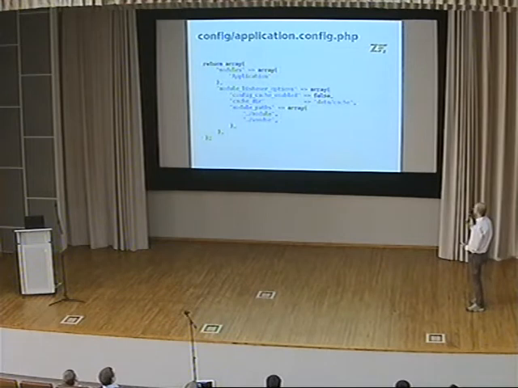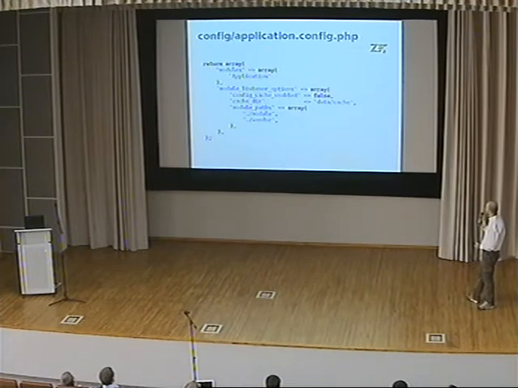This is the configuration file. Under the config folder, we have application.config.php, which is just this piece of code. Here we specify the list of all the modules of the application. In this case, we have just application. And in the module listener options, we specify the options.